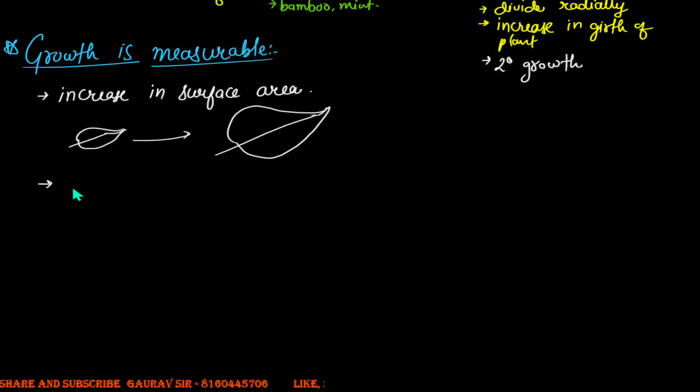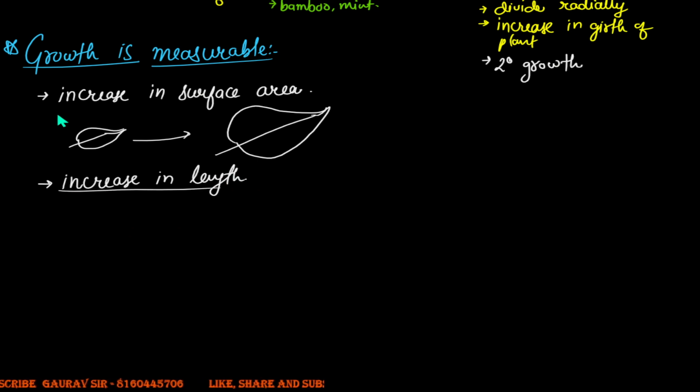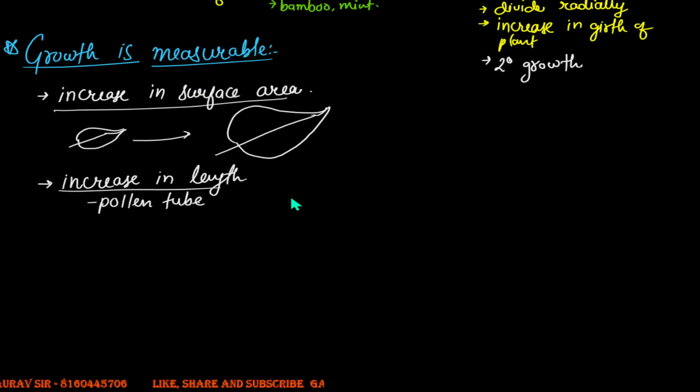Similarly, you can also find an increase in length. Where do we find an increase in length? This could be with respect to the size of the stem. It could be with respect to the development of the pollen tube in a flower. So let's put a pistil here.